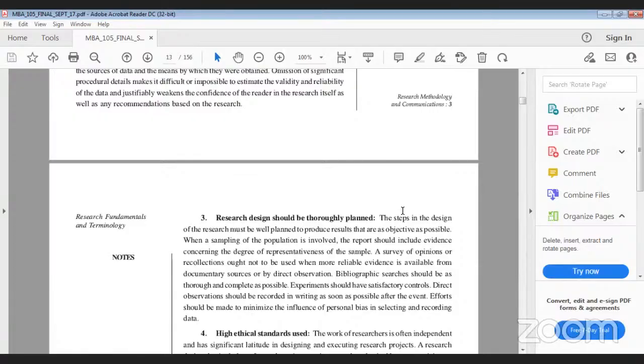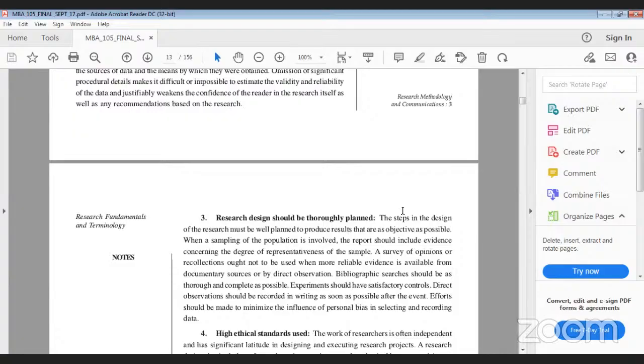A survey of opinions or recollections should not be used when more reliable evidence is available from documentary sources or by direct observation. Bibliographic search should be as thorough and complete as possible.